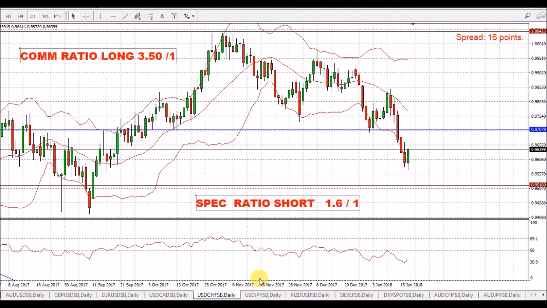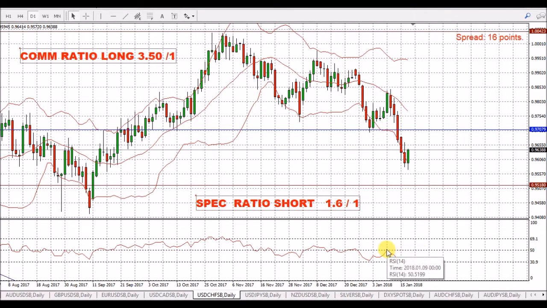US dollar, Swiss franc. We've got a commercials long ratio of 3.5 to 1. So although we've seen a bit of a pullback in this, and we might for the next couple of days, I am expecting this to go to short a bit further. My target originally was around about the 95 mark.